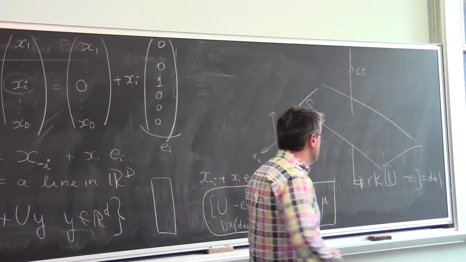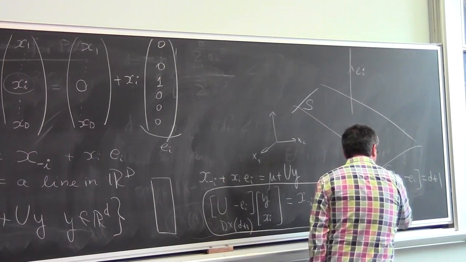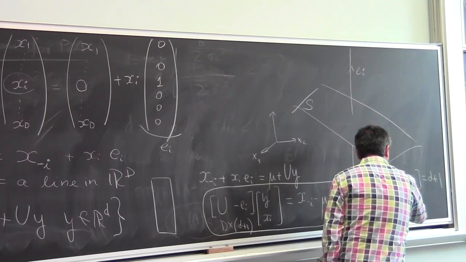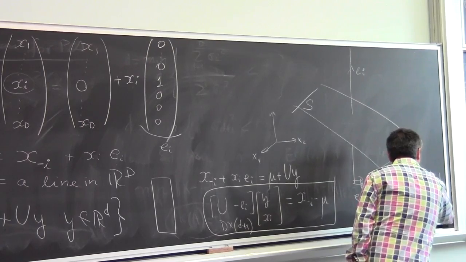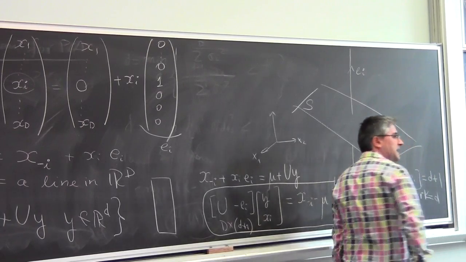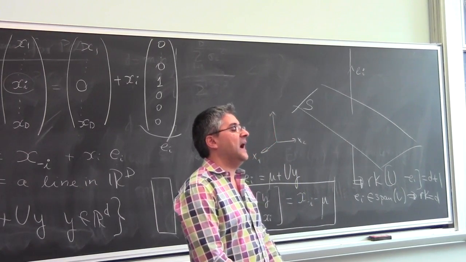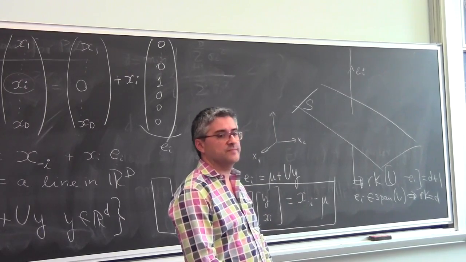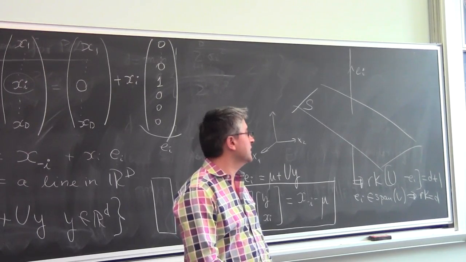Okay, right. So if e sub i belongs to the span of U, then the rank will be d. So in that case, it would fail. So if the ith direction is a linear combination of the columns of the subspace, then I would not be able to recover.